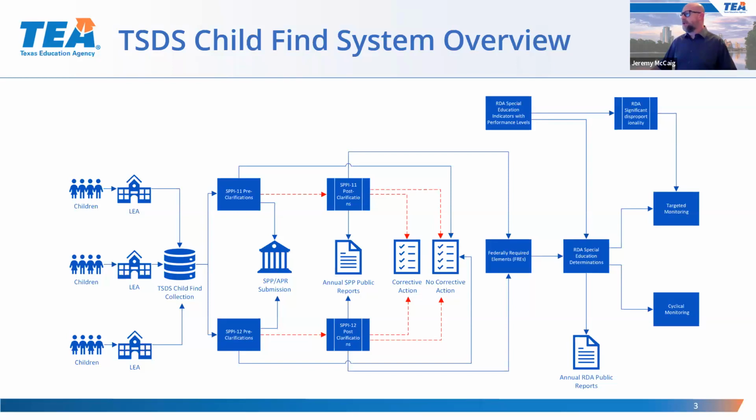A determination level is assigned. Some of those indicators we're taking a look at significant disproportionality. And so that then feeds into the monitoring system, and whether districts are on track for their regularly scheduled cyclical monitoring or might be identified for some targeted monitoring based on those inputs.